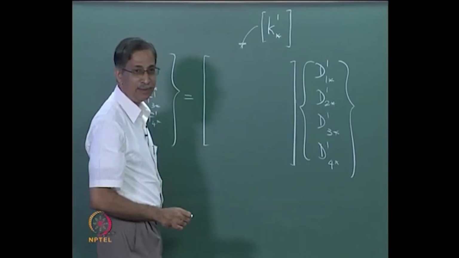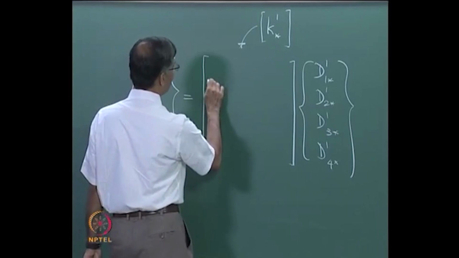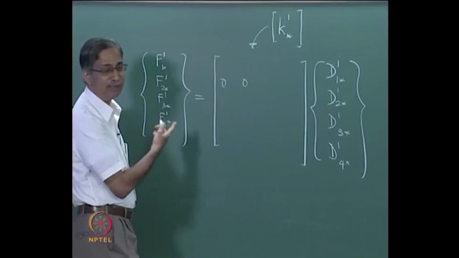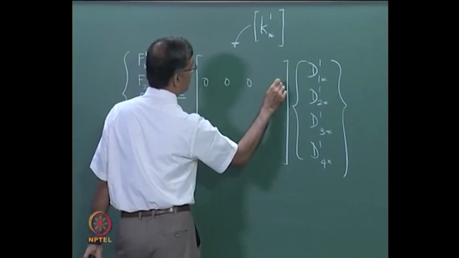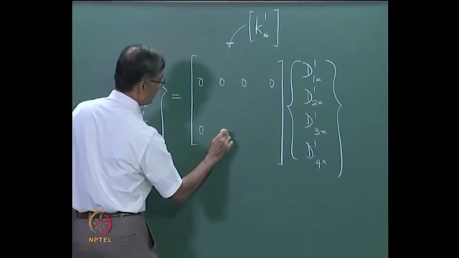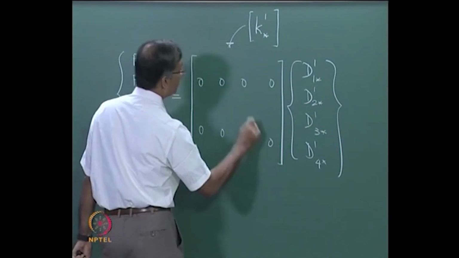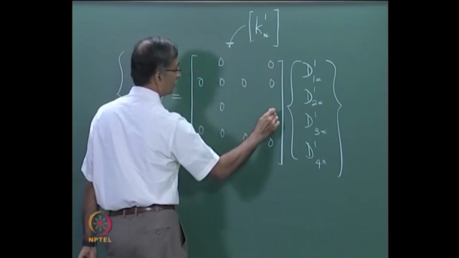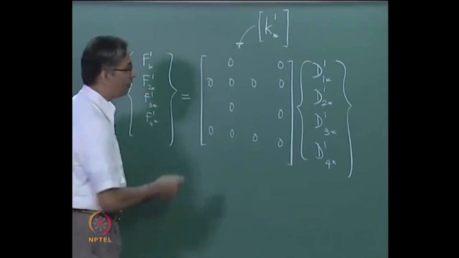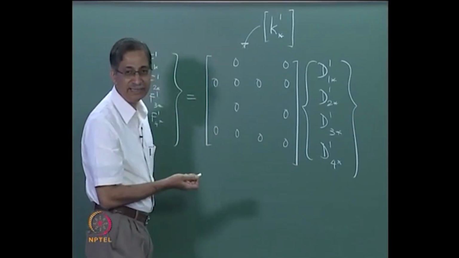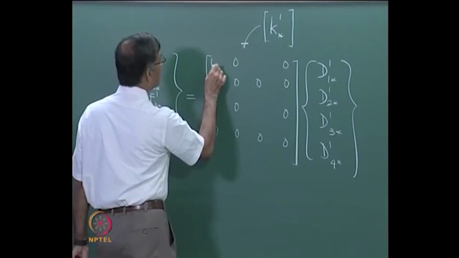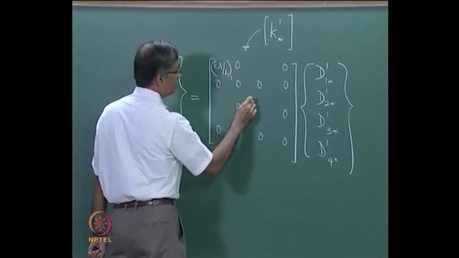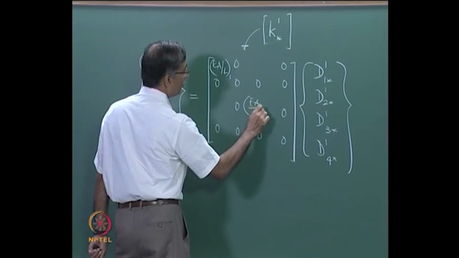Which are 0? Second and fourth. Because they refer to shear forces in a truss element, those shear forces are 0. So we know that these are anyway going to be 0, and so the columns also will be 0, right? And the non-zero values, what are they? They're very easy to remember. So the principal diagonal will have A by L of that element 1, yeah, minus comes to the off diagonal elements.